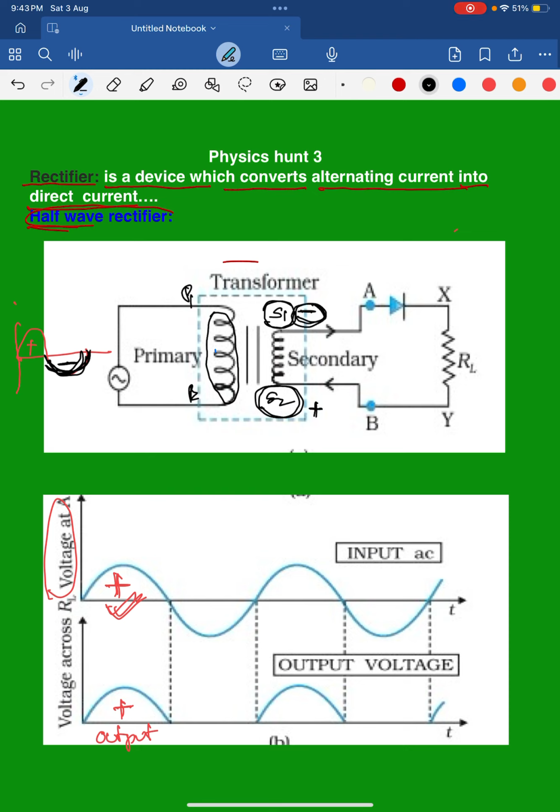Whenever S1 is a negative charge, it is directly connected to the P region of the PN junction diode. Similarly, S2 is a positive charge, and it is directly connected to the N region of the semiconductor.